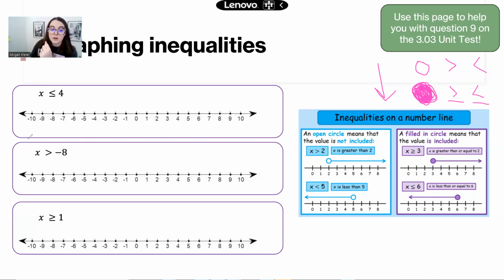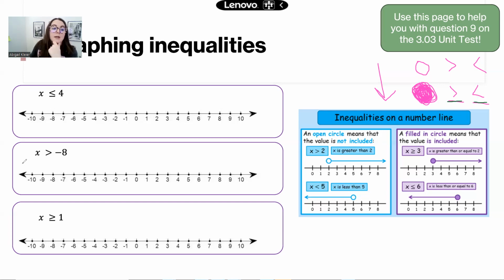So the only difference between these two dots is that equal bar at the bottom of the symbol. So again, no equal bar, open dot; equal bar, that dot is filled in. And really all that means is that the inequality line includes that number or does not include that number on the line. The second thing we need to worry about is the direction of our arrow. The direction of our arrow, which is great, is just going to match the direction of our symbol.